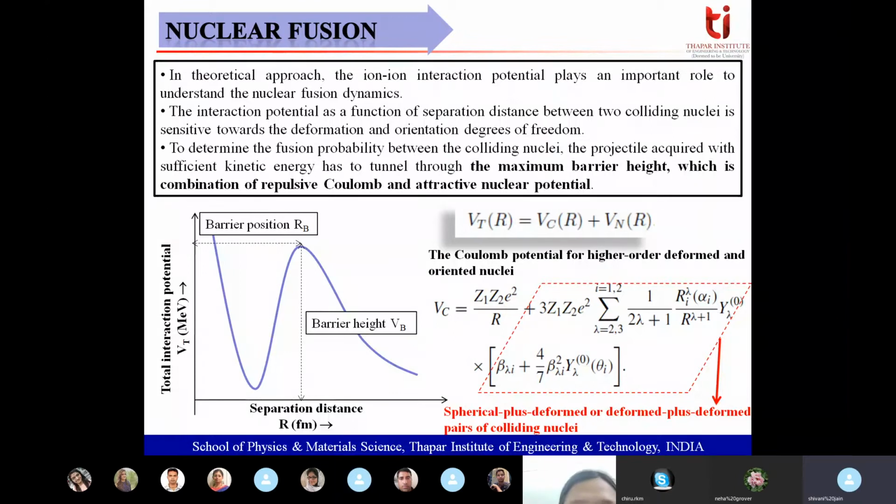Shivani, I have a question. This formula for Coulomb potential is for small r greater than R, right? Is it not applicable for r less than R? No, because here we are dealing with the surface.